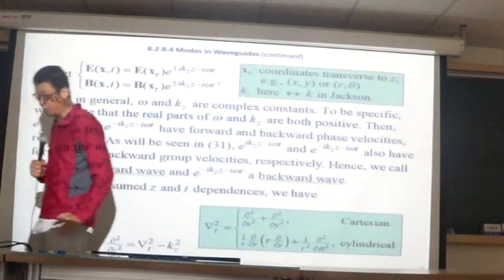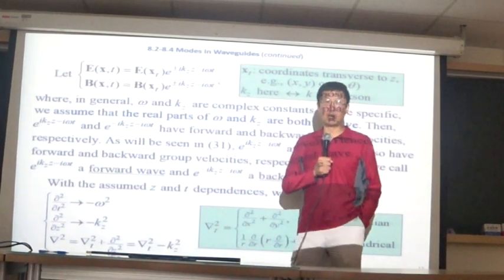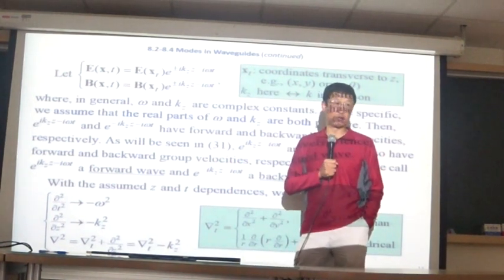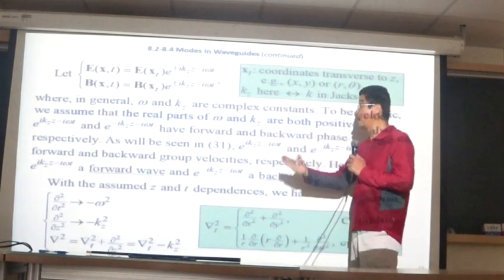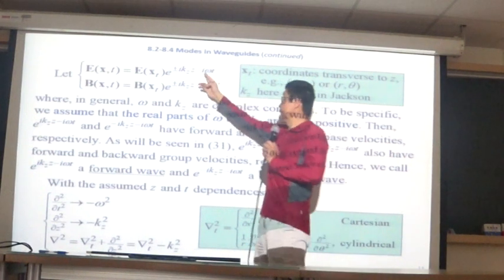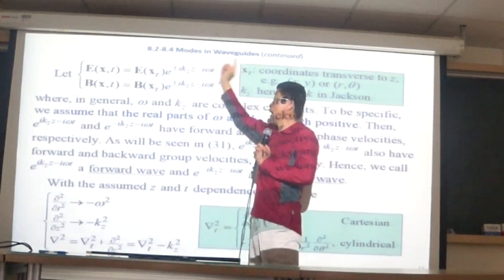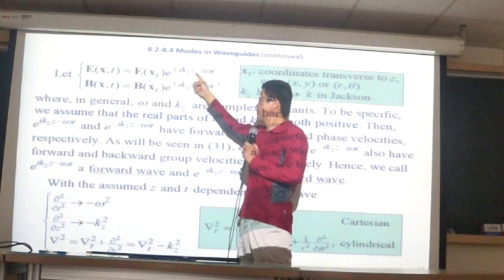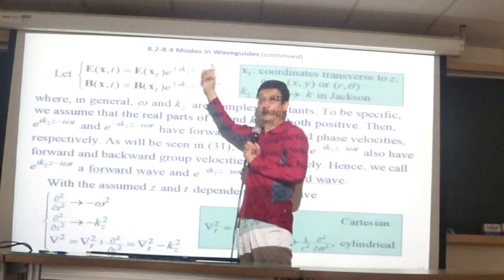Let's separate them. Separation of variable is the most common technique we use almost every day. So next step is separate them. This is time dependence, e to the minus i omega t. And this is z dependent, e to the i kz z. How do we know?